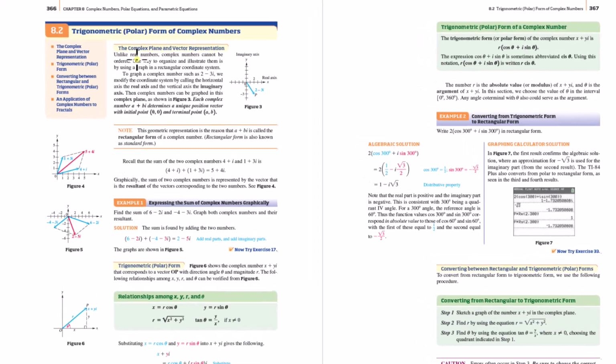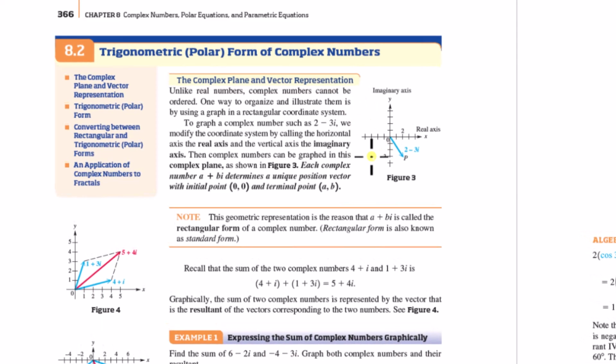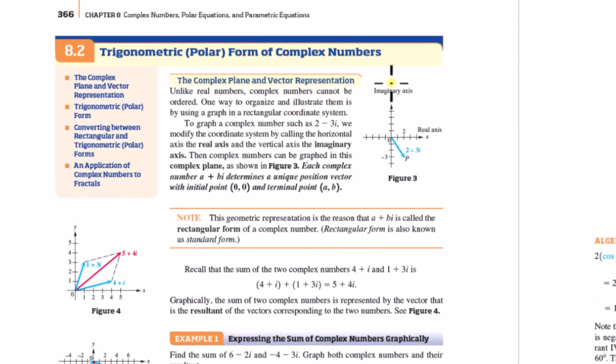So, okay. It says the complex plane and vector representation. So the textbook hasn't officially introduced the complex plane yet. I've introduced it, but as far as the textbook goes, this is the first time they're going to talk about it. So unlike real numbers, complex numbers cannot be ordered.